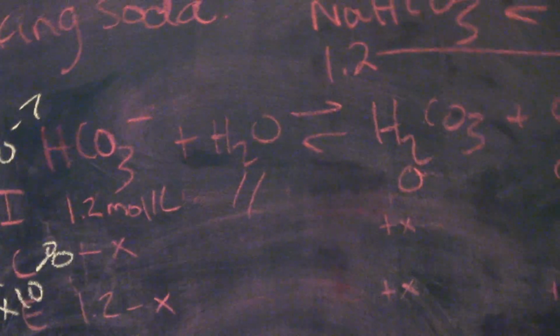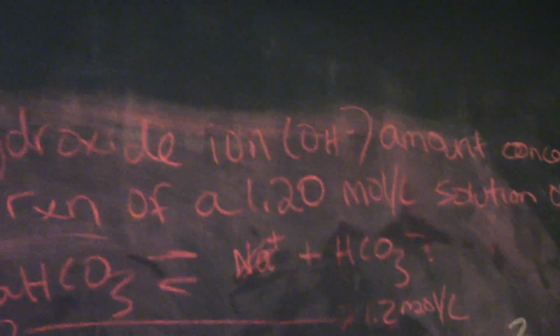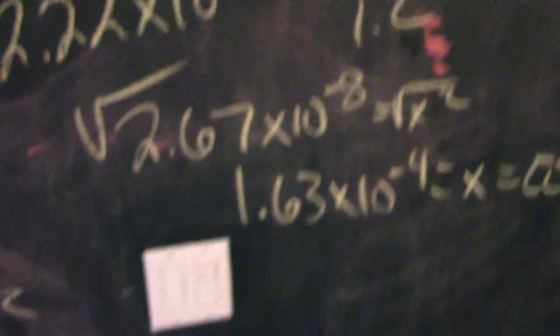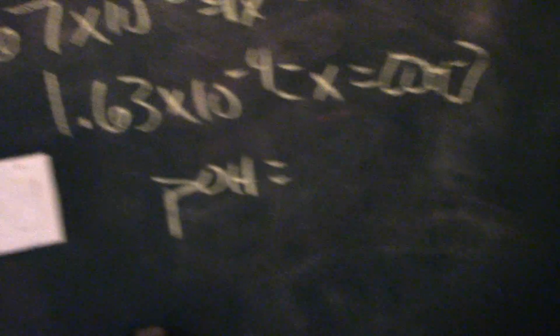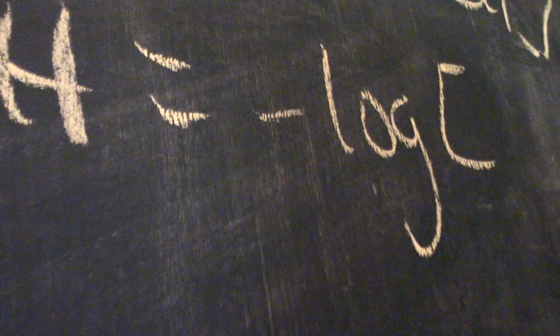So the concentration, what we needed to solve for after doing all this math, I wanted to solve for the concentration of hydroxide. So 1.63 times 10 to the negative 4 is the hydroxide concentration. pOH equals the negative log of 1.63 times 10 to the negative 4.